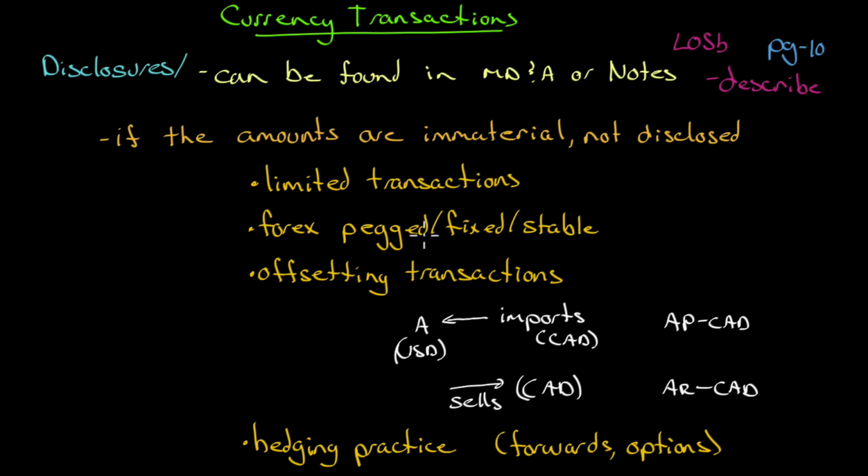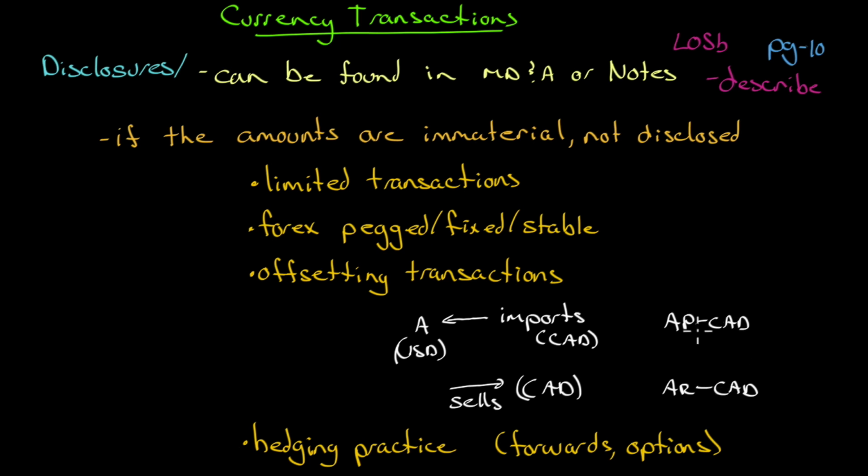You may have offsetting transactions, and this is what this looks like. Let's say that A is a U.S.-based company and imports from Canada in Canadian dollars, but it sells to Canada in Canadian dollars. So at any given time, it's got accounts payable in Canadian dollars, it's got accounts receivable in Canadian dollars. This company would most likely maintain a Canadian currency bank account in which it would receive its Canadian receipts and from there issue its Canadian payments.